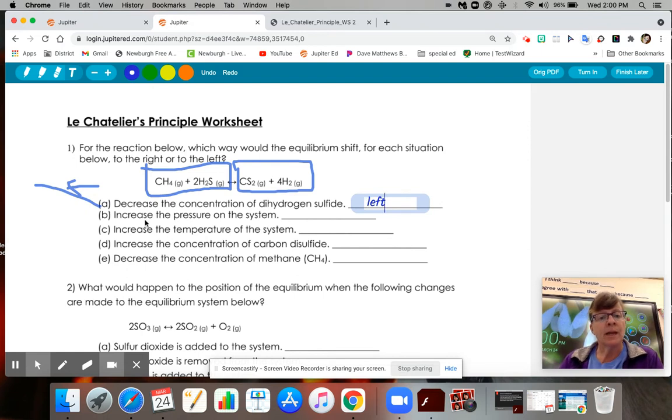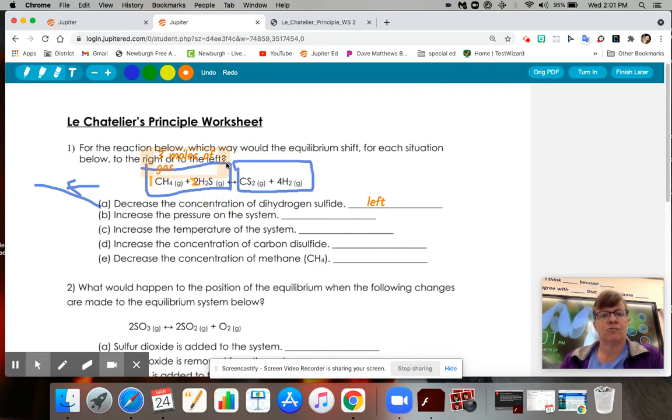Okay. Increasing pressure on the system isn't about tipping the scales, it's about the moles. So let's add up the moles of gas. Here, there's a 1 implied, and we have a 2 here. That's a 2, and they're both gases. So I have a total on this side of 3 moles of gas.